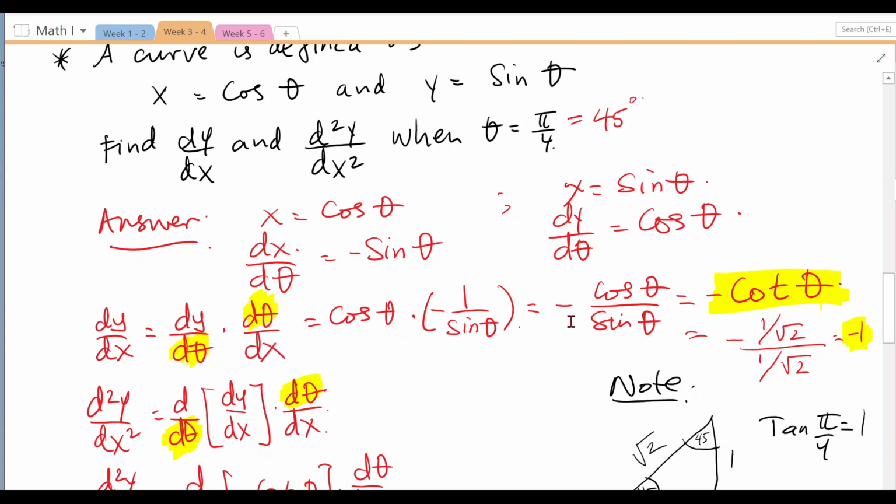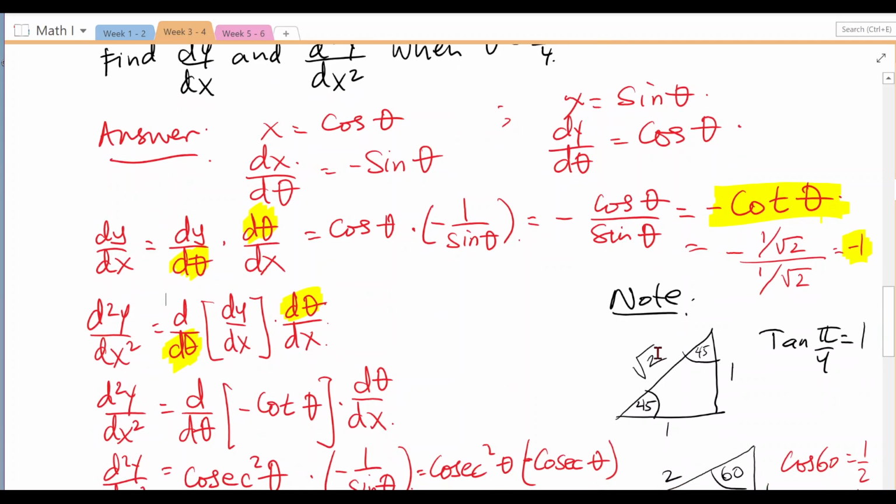So we get negative cos theta over sine theta, which is equivalent to negative cotangent theta. Sine over cos is tangent theta, but this is the opposite. Cos over sine is cotangent theta.